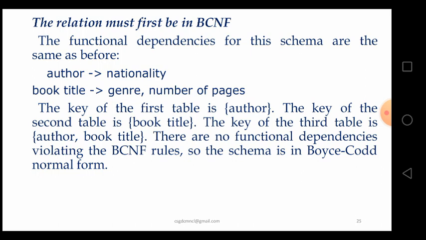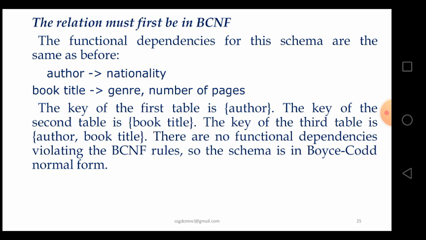The relation must be in BCNF. The functional dependencies for this schema are the same as before: author to nationality, and book title to genre, number of pages.